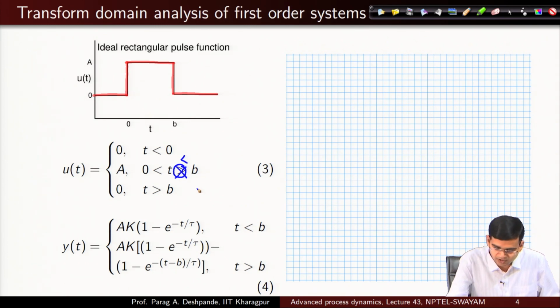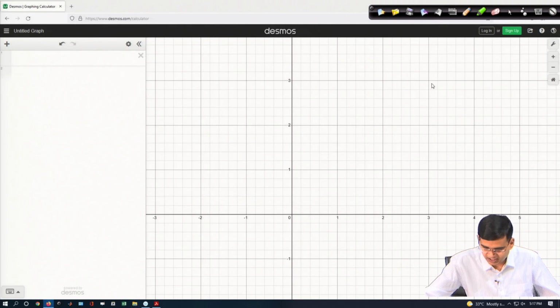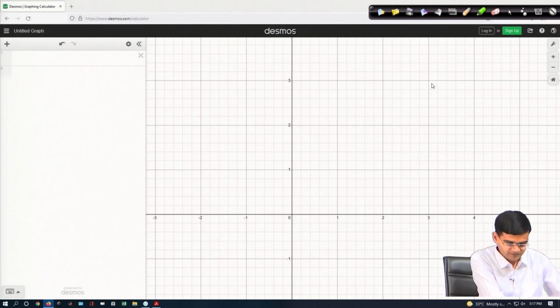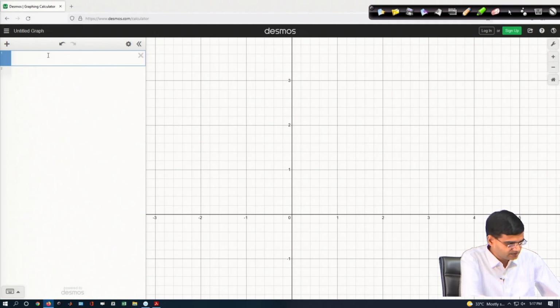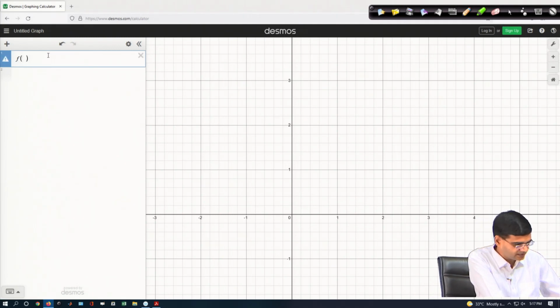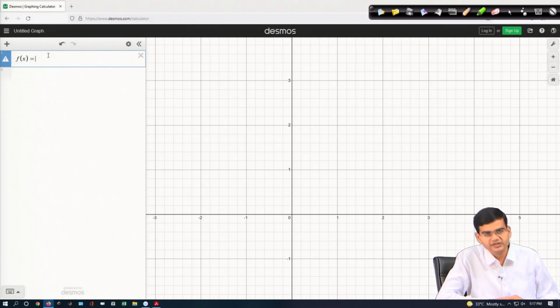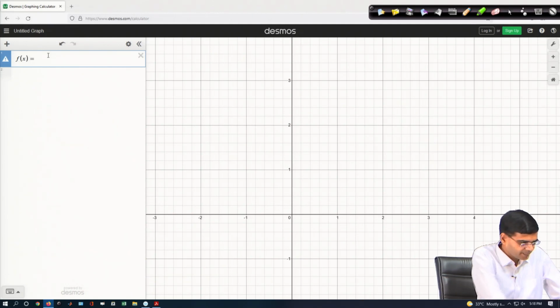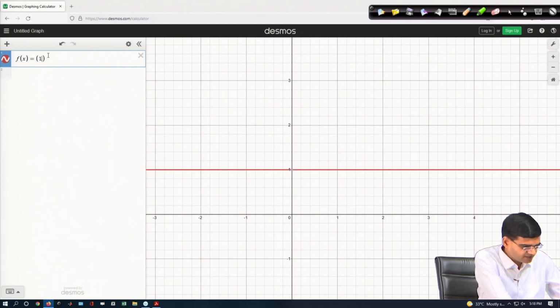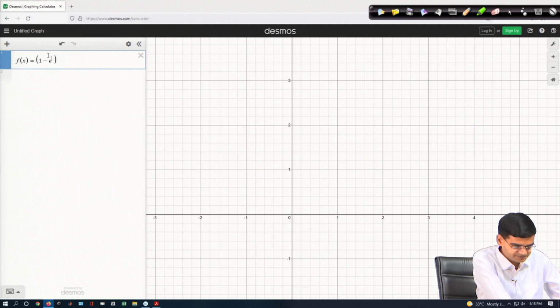So, let us try to plot this. Since we know the significance of A and k, we will keep A and k as unity and see the effect of only the time constant. So, f of x is equal to one minus e to the power minus x upon tau.